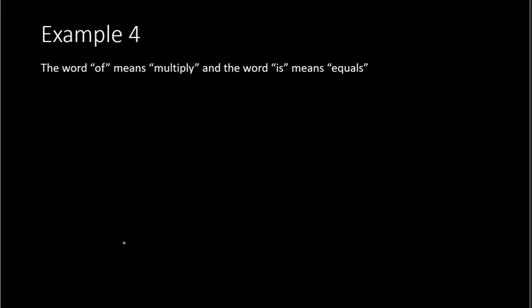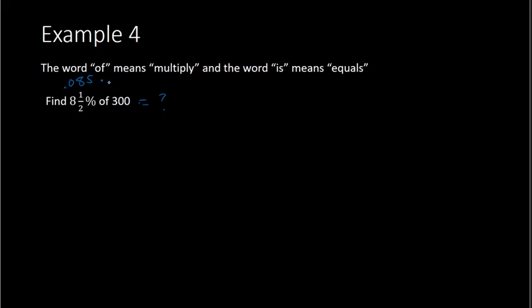Example 4. We have find 8.5% of 300. In other words, we're saying 8.5% of 300 equals what? When I convert this into math notation, 8.5% I can write as 0.085.